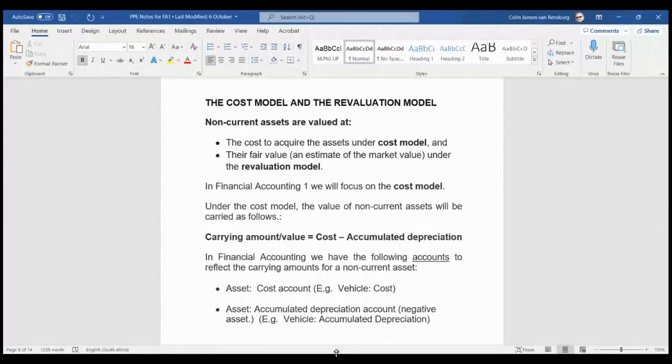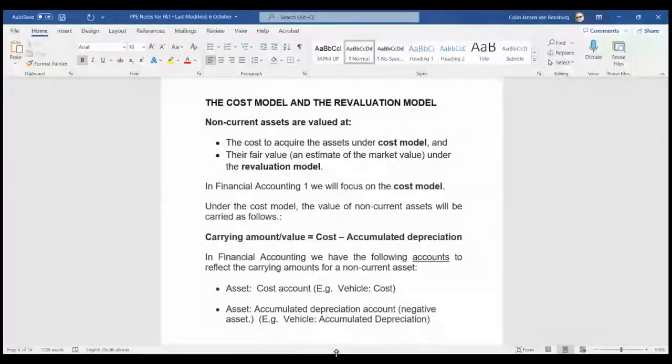But then subsequently, later on, after we've been using the property, plant and equipment items for a certain period of time, we will have to draw up financial statements, especially at a year end, or in the case of listed companies at the interim period after the first 6 months of their financial year. Then we've got to take a few other things into account. Among the most important when it comes to property, plant and equipment is how much of that cost we have actually consumed by using that asset during the course of the year.